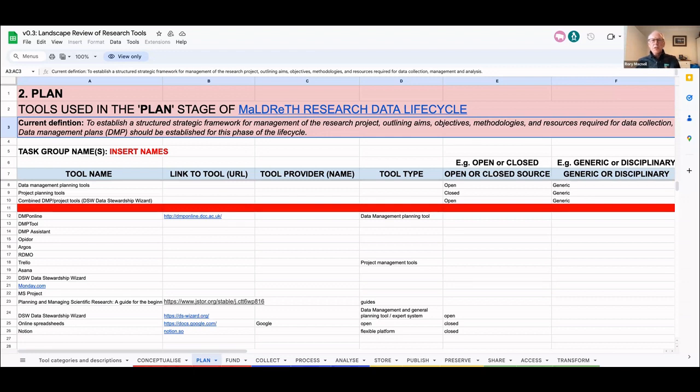The next step was to take the list of tools and try to determine what categories these tools fall into. Taking the plan stage as an example, you can see we have a long list of tools here, and we came up with 3 categories into which most or all of these fit: data management planning tools, project planning tools, and, in this case, combined data management planning and project tools.